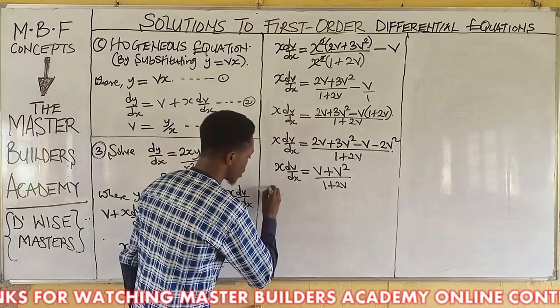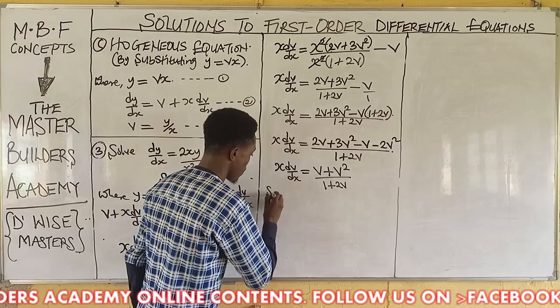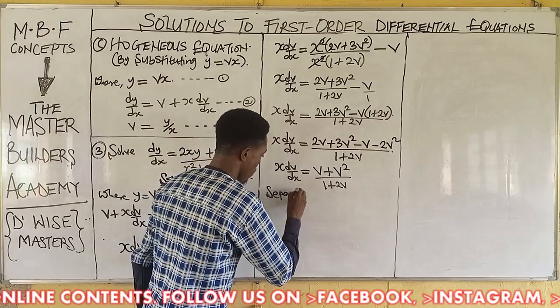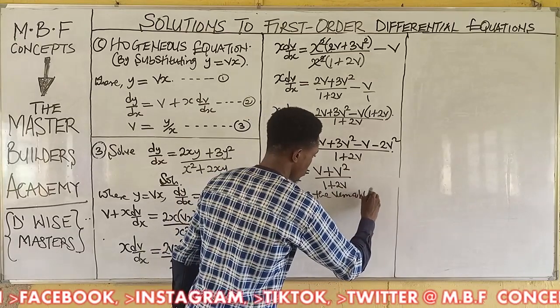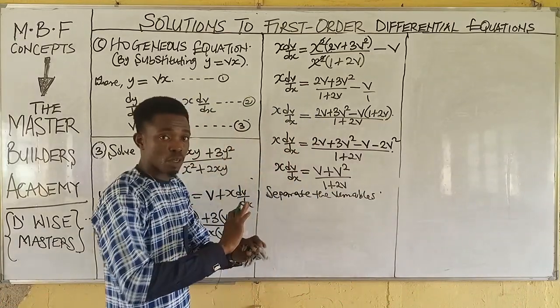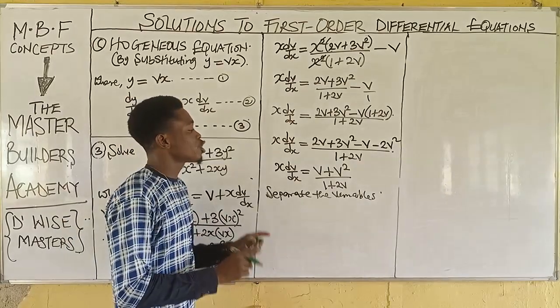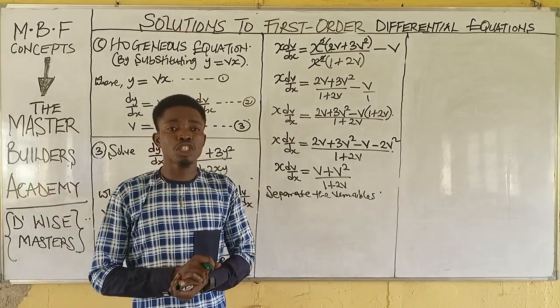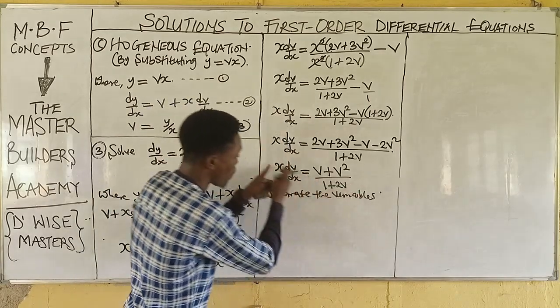Okay, now separate the variables. Now to separate the variables, this is another short method to have this done. All I need to do anytime I am dealing with homogeneous equation and I want to separate the variables, all I need to do is take this denominator here up.